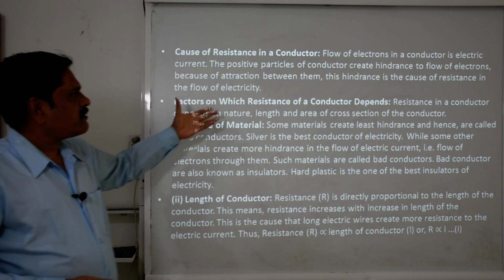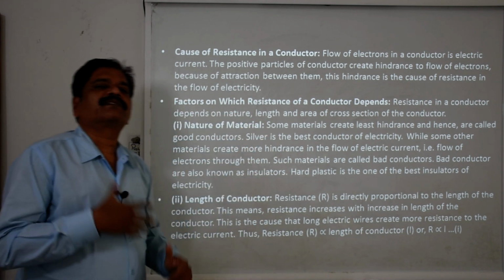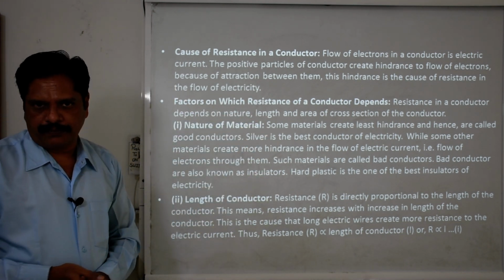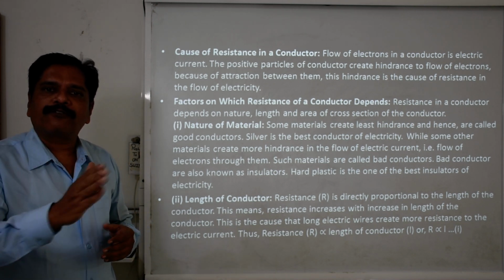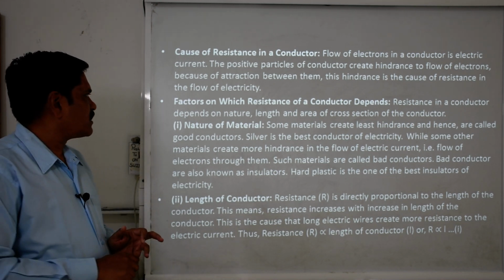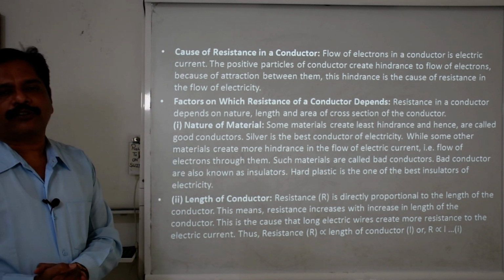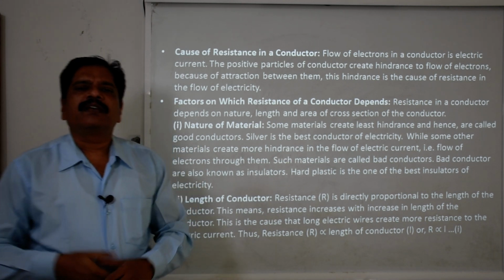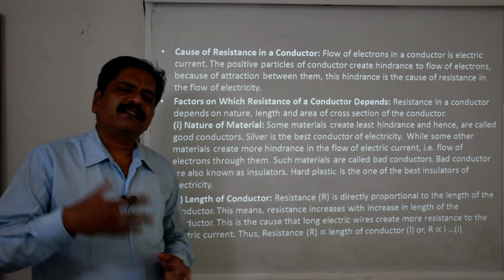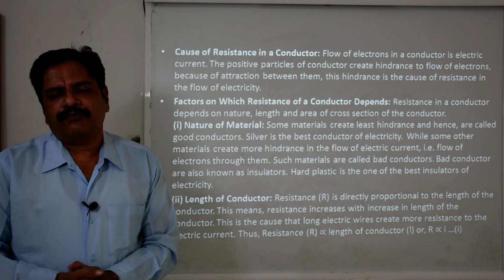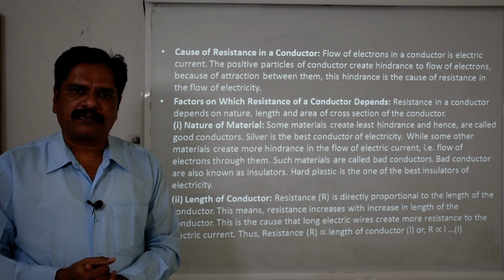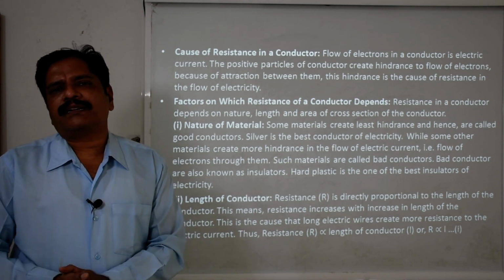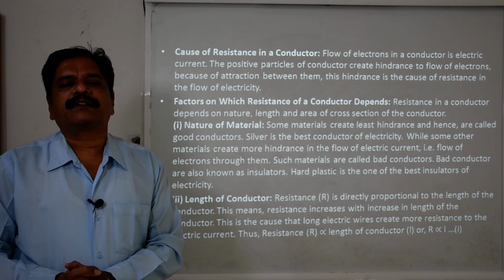Clear? Now there are some factors on which the resistance of the conductor depends, or which influence the resistance of the conductor. One of them is the nature of the material. As you know, there are three types of conductors: good conductors, bad conductors, and semiconductors. Basically all metals are good conductors.